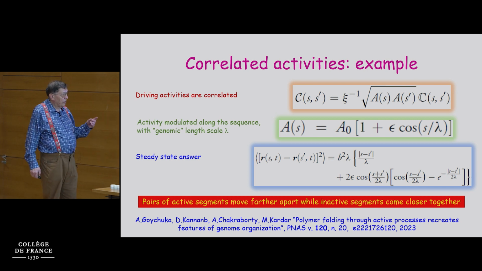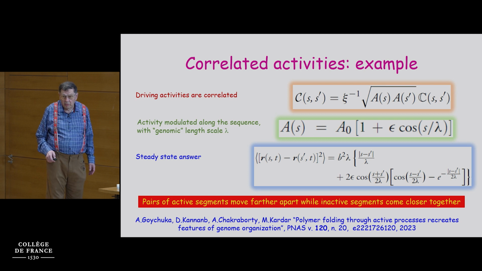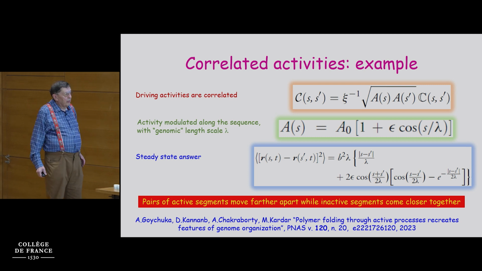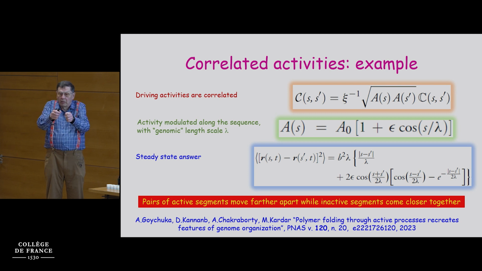So pairs of active segments are those S where the cosine is positive. So active segments tend to move further apart, while passive segments tend to go closer to one another.